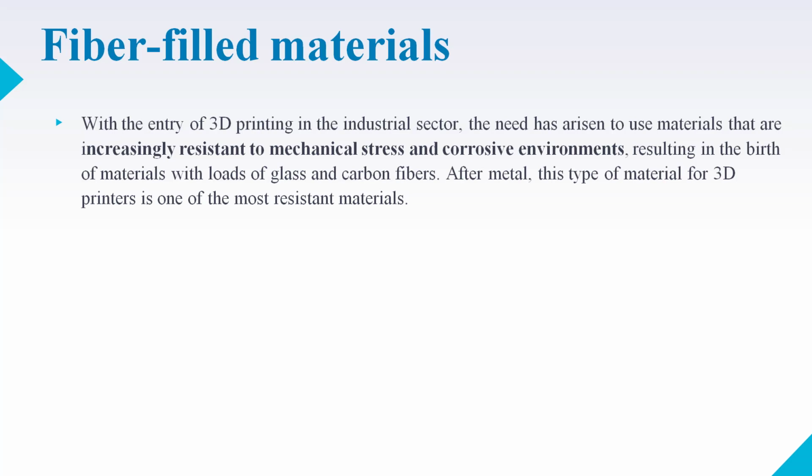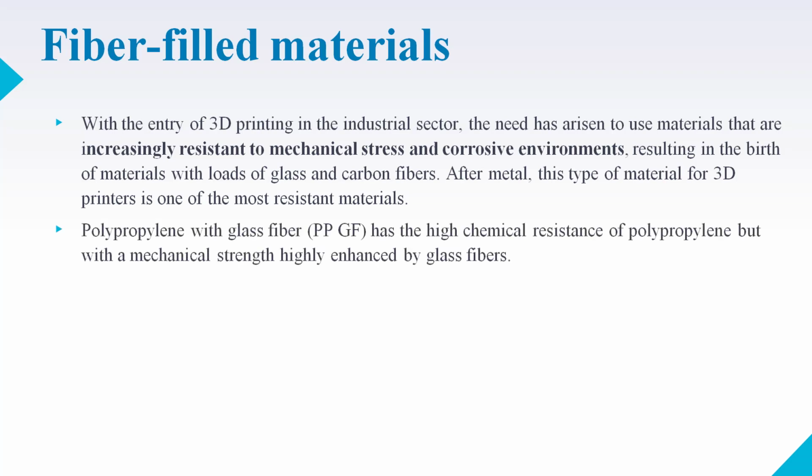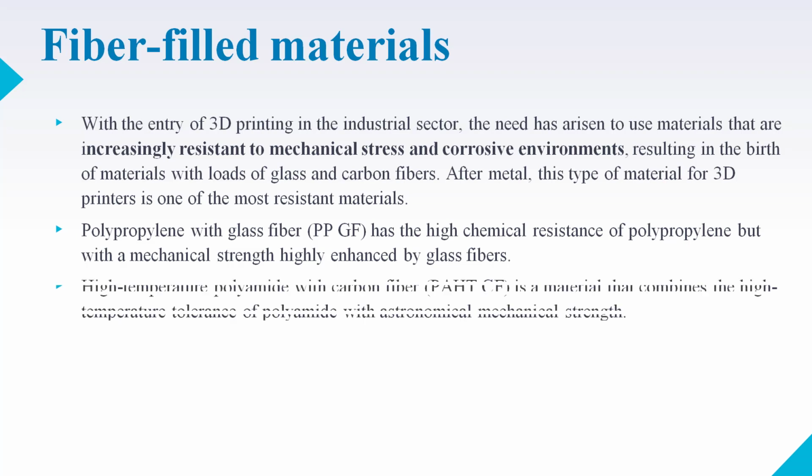After the metals, these types of materials for 3D printers are some of the most resistant materials. Polypropylene, also known as PP, combined with glass fiber has the high chemical resistance of polypropylene, but with mechanical strength highly enhanced by glass fibers.